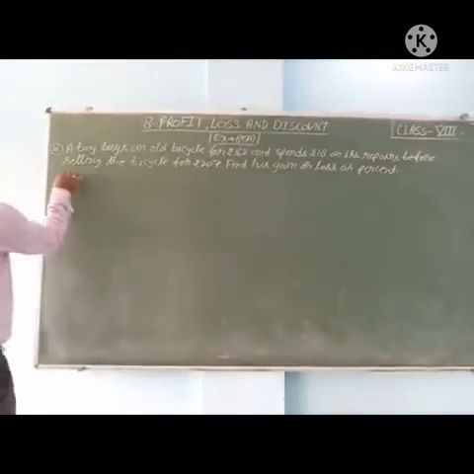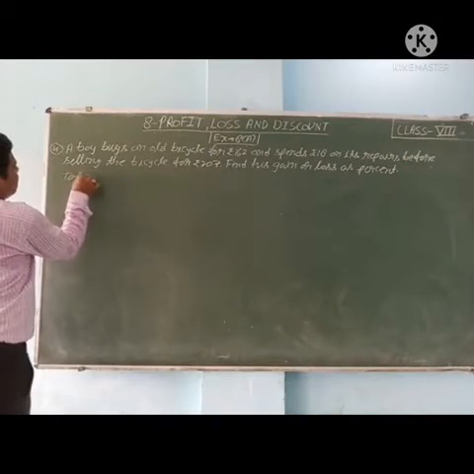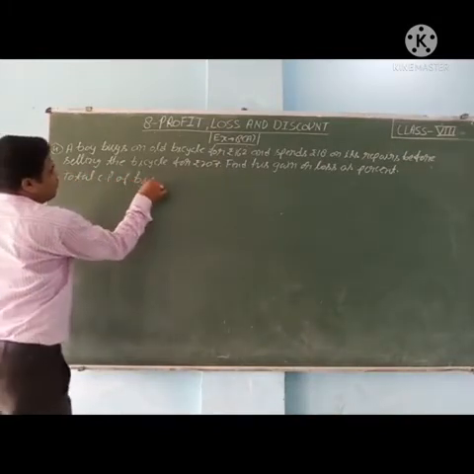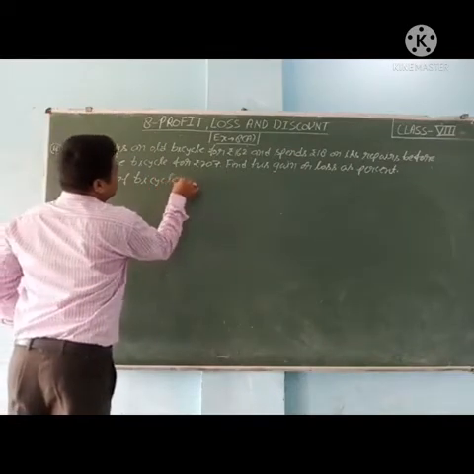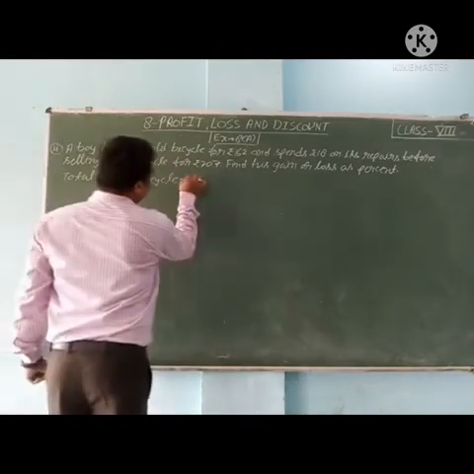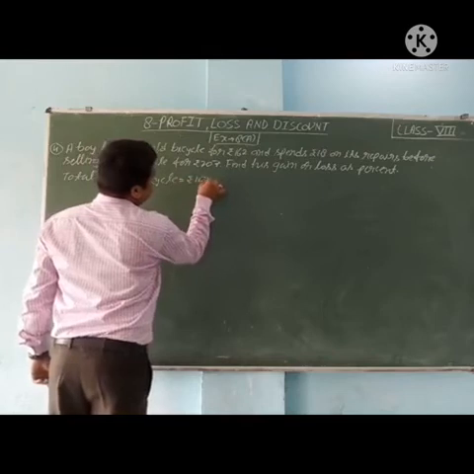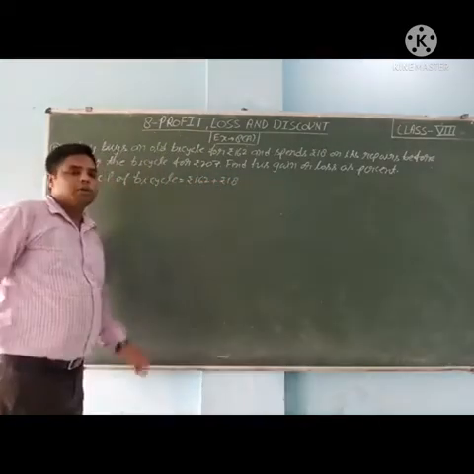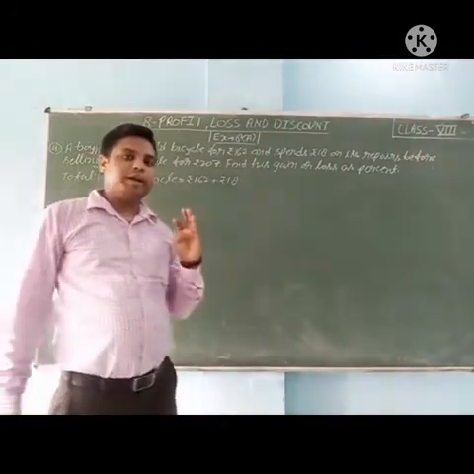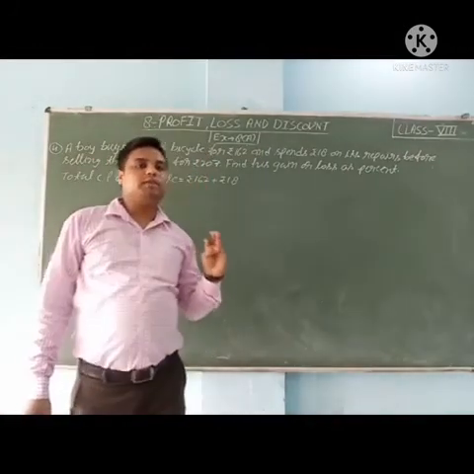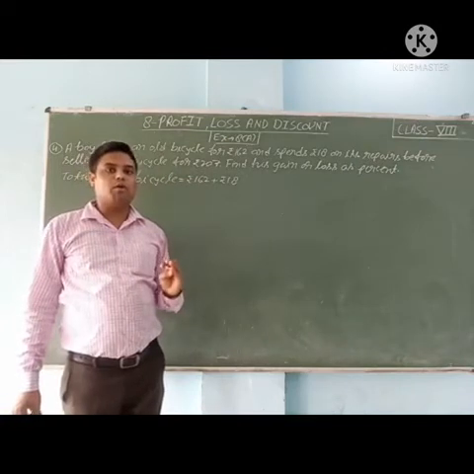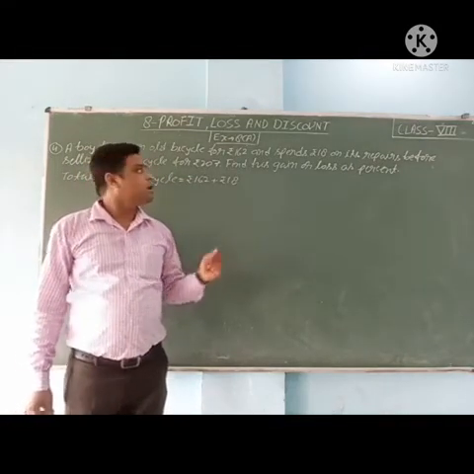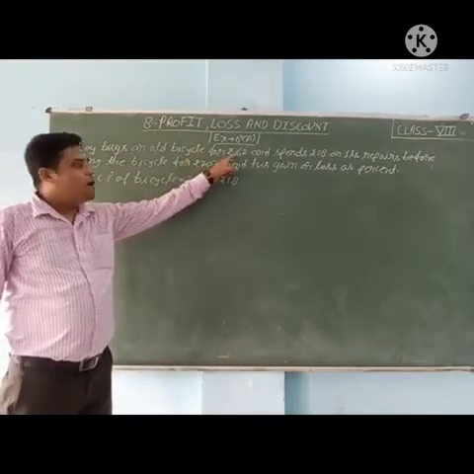So total CP of bicycle is equal to rupees 162 plus rupees 18, because repairs, spending and transportation, all these amounts are called overhead expenses, and they are added to the actual CP of the article.